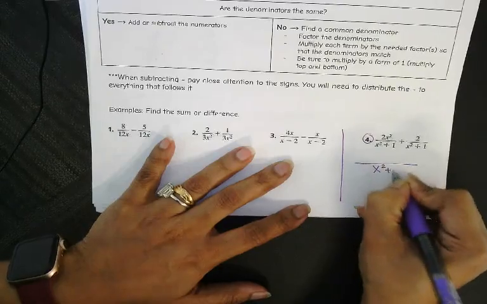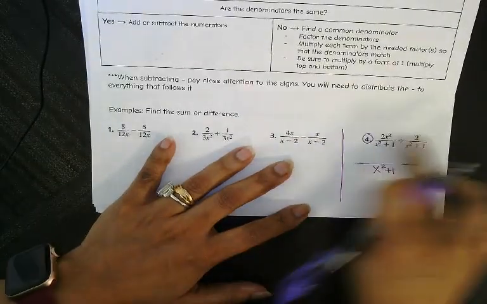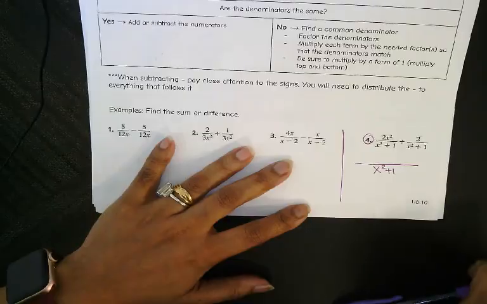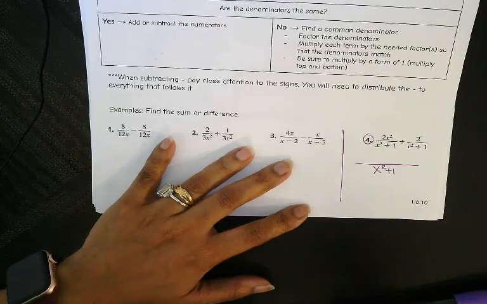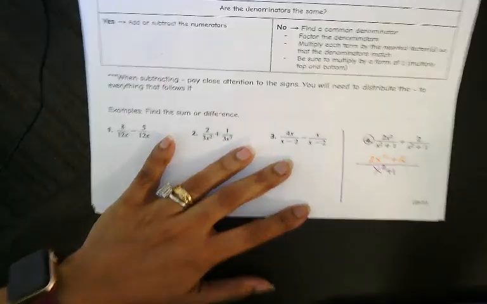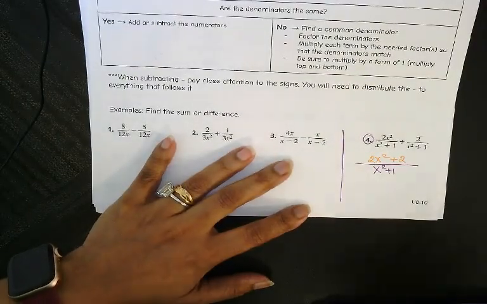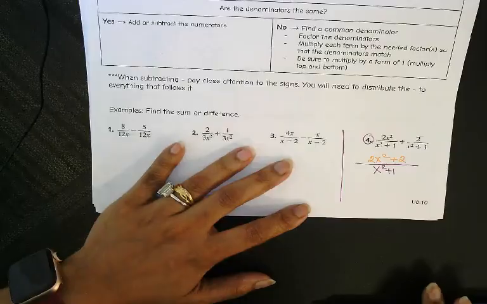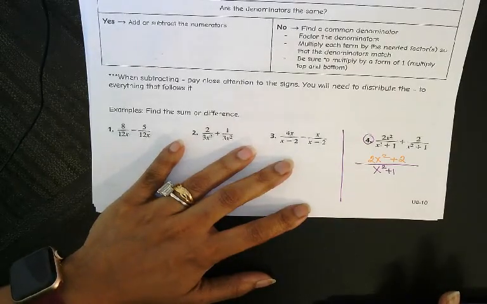So x squared plus 1 stays, and everything else on the top goes together. So it's going to be 2x squared plus 2. So we're going to combine the like terms in the numerator. Can I combine them? No.